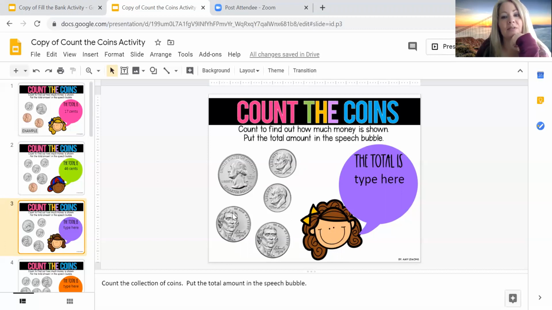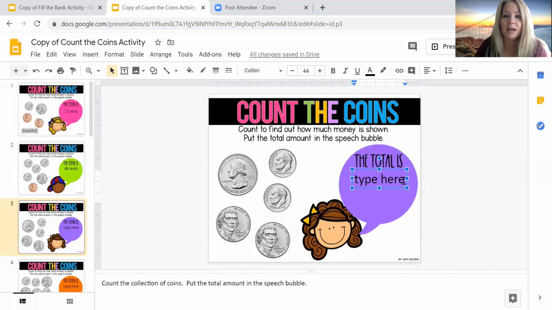You could count by fives, or if you're at 45, you could think 46, 47, 48, 49, 50. Two ways you can do that. So we've got 25, 35, 45, 50, 55 cents right here. And that's how we do it whenever we are counting with quarters. The total is 55 cents.